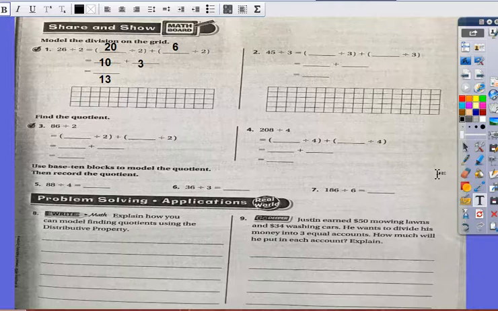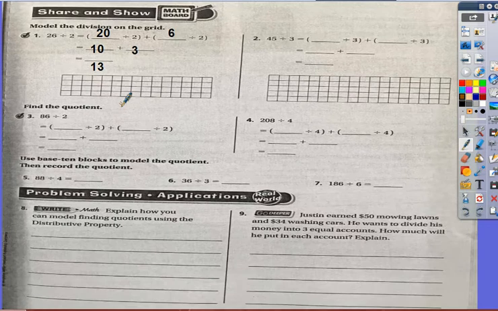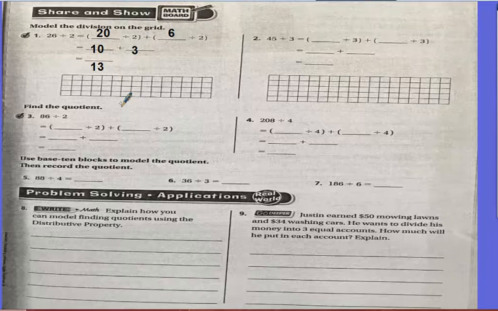Then we have to come down here and show it on the grid. I'm going to break up 13 and then 2. I'm going to go 2 up, because this is where that's coming from. Then I'm breaking up this 26 with this 13: 1, 2, 3, 4, 5, 6, 7, 8, 9, 10, 11, 12, 13.